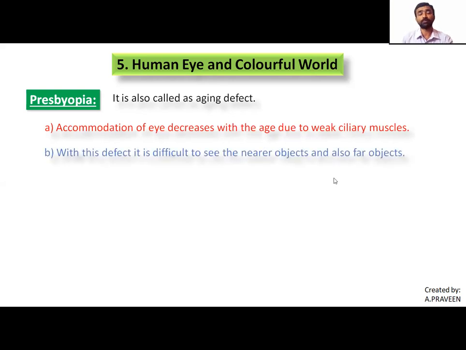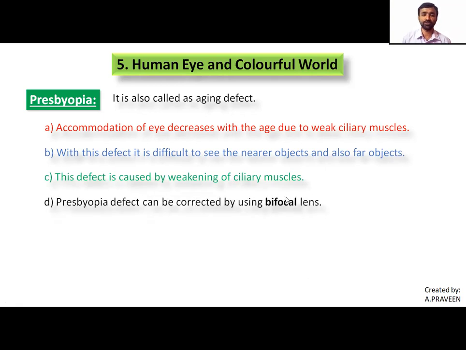In this defect, it is difficult to see far objects or near objects. Ciliary muscles are the cause.